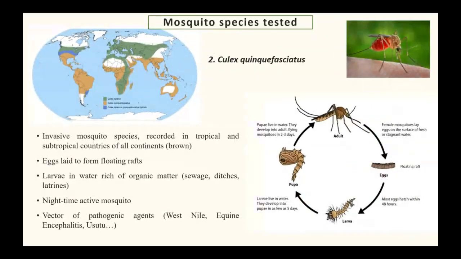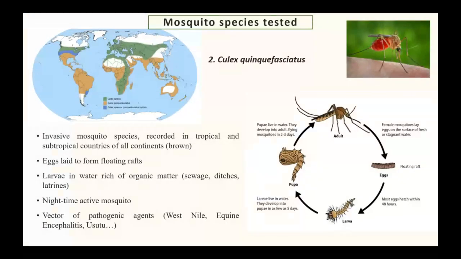It's an invasive mosquito species recorded in tropical and subtropical countries of all continents, here in brown on the map. They lay the eggs in the form of a floating raft, and the larvae can be found in water rich with organic matter such as sewage, ditches, or latrines.